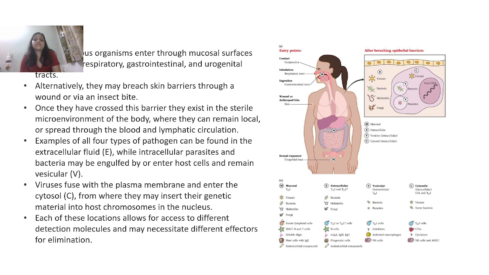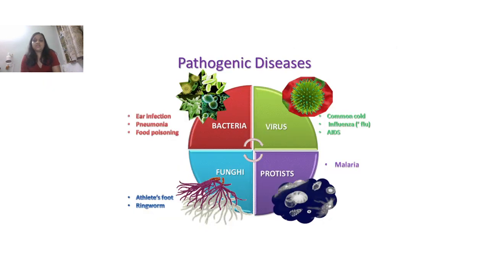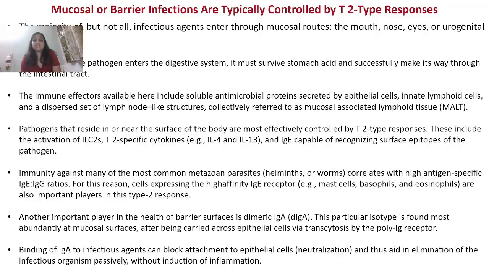It all depends on the location of entry, the place from where a pathogen is entering, then the location where the pathogen is still present, and the kind of response the immune system is generating. So these are the four different pathogens.